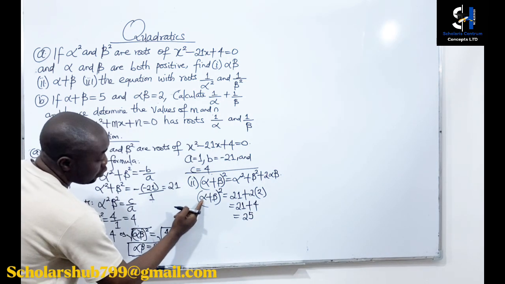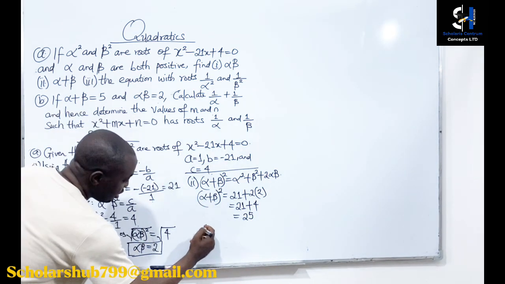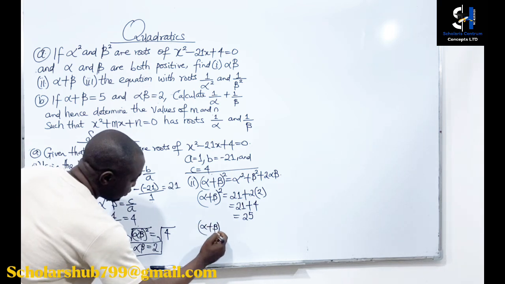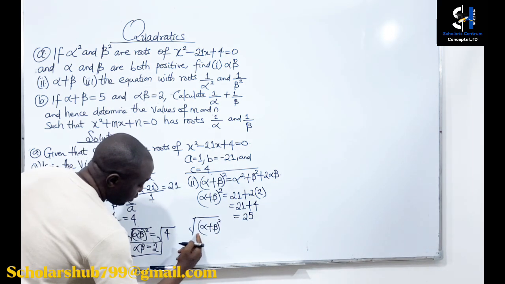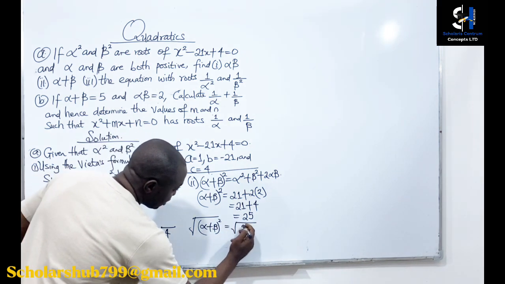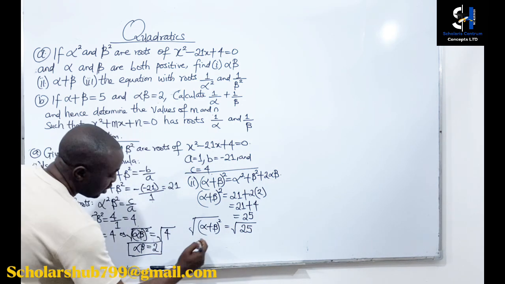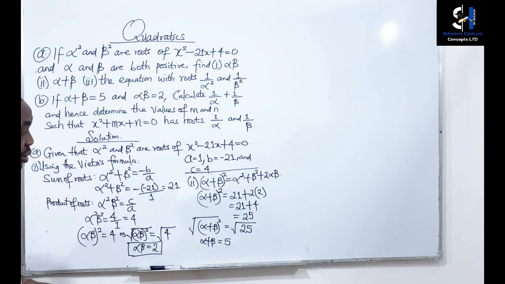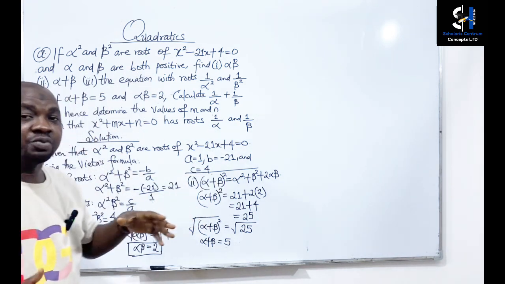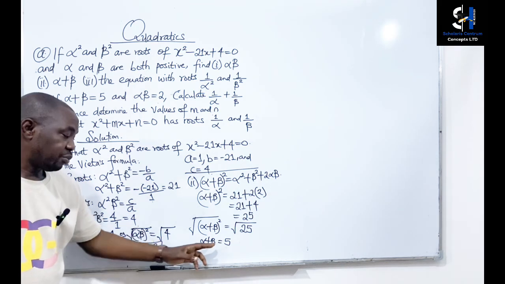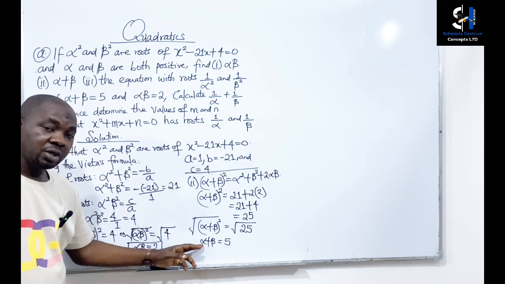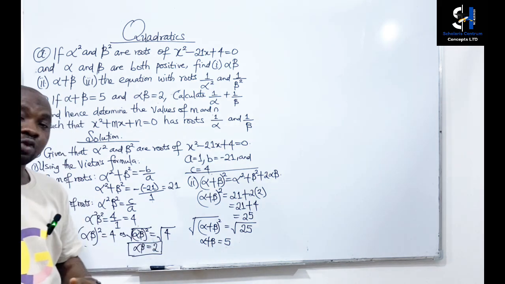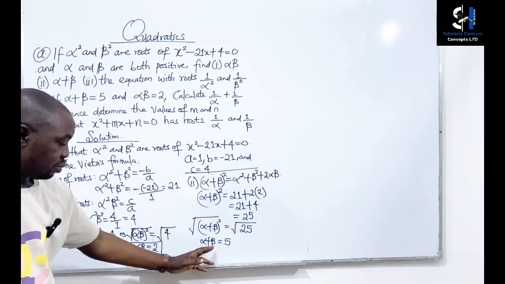To get the value of alpha plus beta, we take the positive square root of 25. So alpha plus beta equals 5. Remember, alpha and beta are both positive, so we need to take the positive square root of both sides.